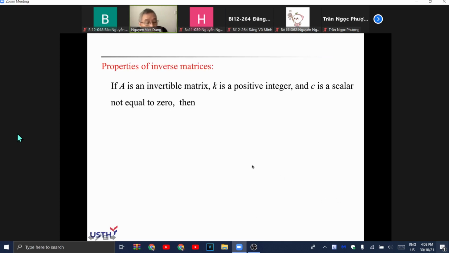And here are some properties of inverse matrices. If A is an invertible matrix, k is any positive integer, and c is any scalar, but I require c to be non-zero, then we have the following properties.